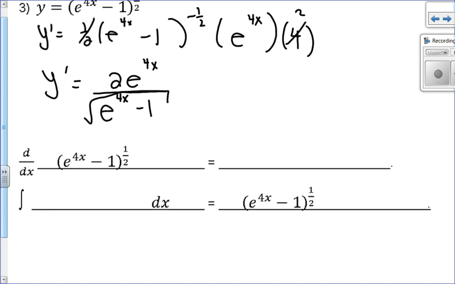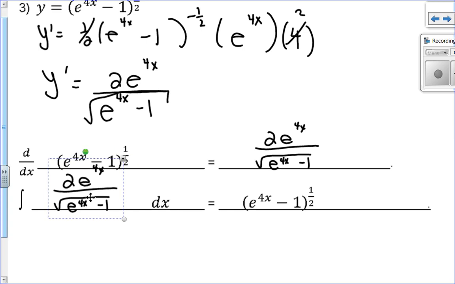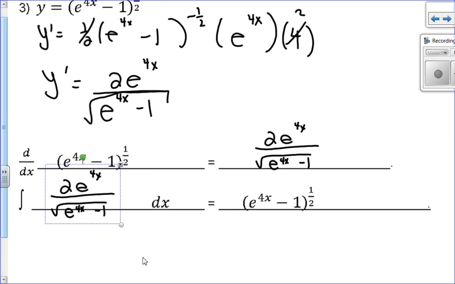So the derivative of e to the 4x minus 1 to the 1/2 is 2e to the 4x all over the square root of e to the 4x minus 1. Again, because derivatives and antiderivatives are the reverse of each other, I would know that the integral of this function dx is equal to e to the 4x minus 1 to the 1/2 plus c.